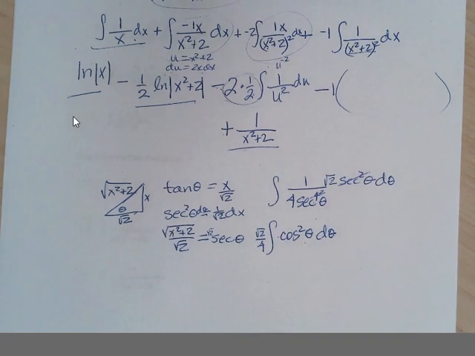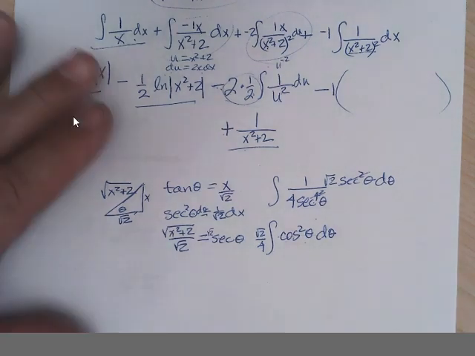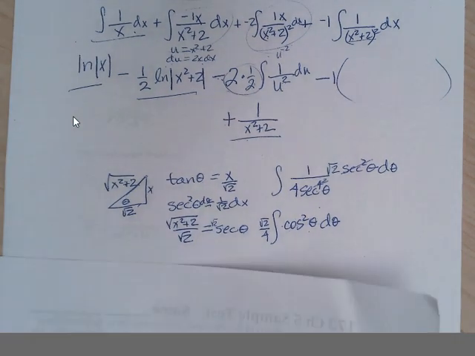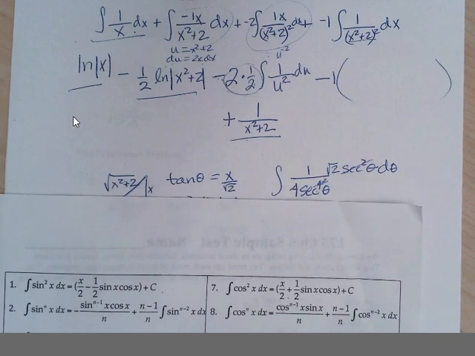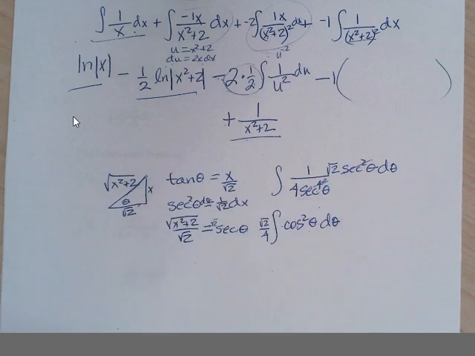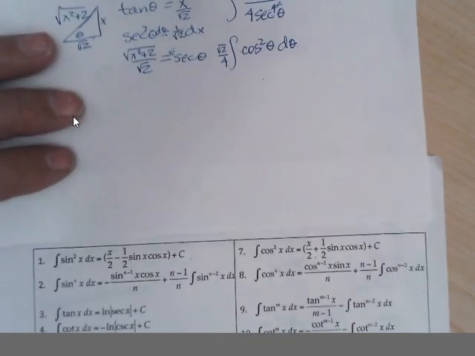And then using my tables, the antiderivative of cosine squared is this. So let's move this up here so we can see it.